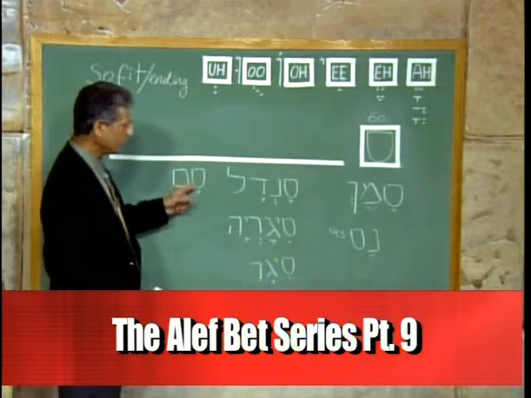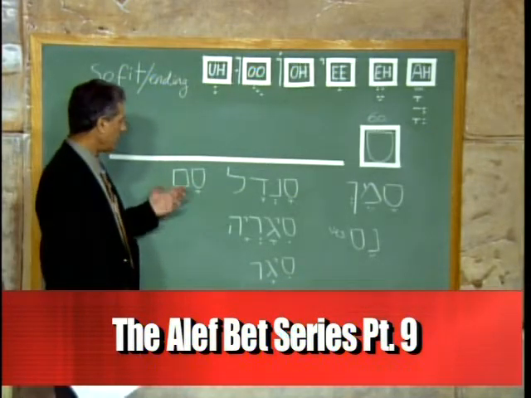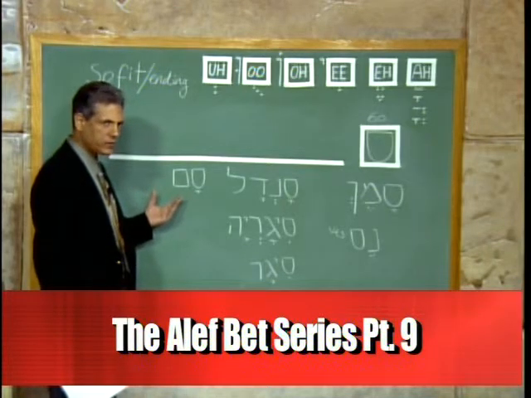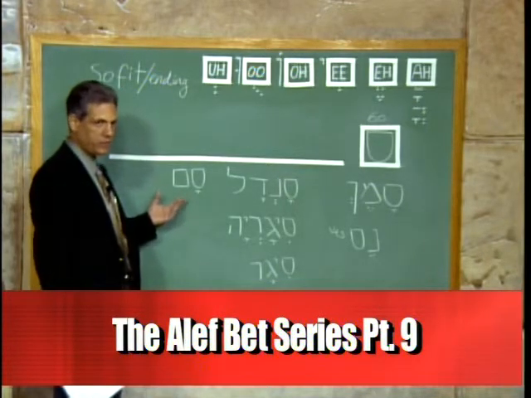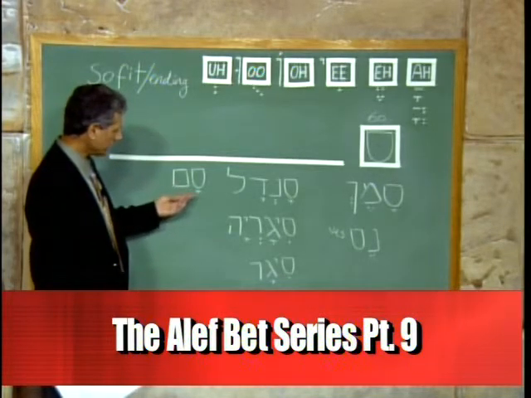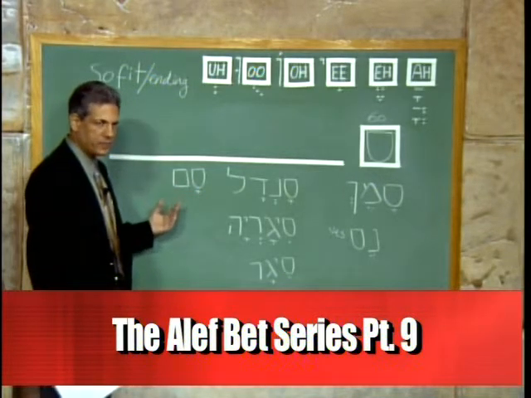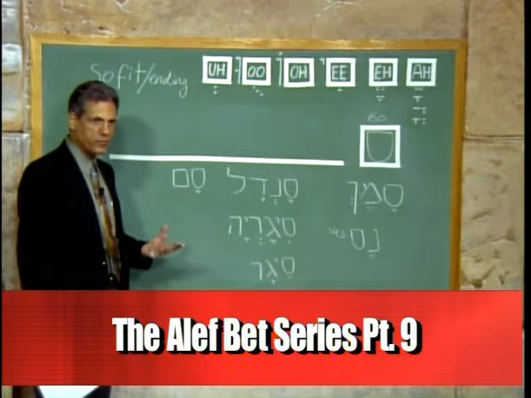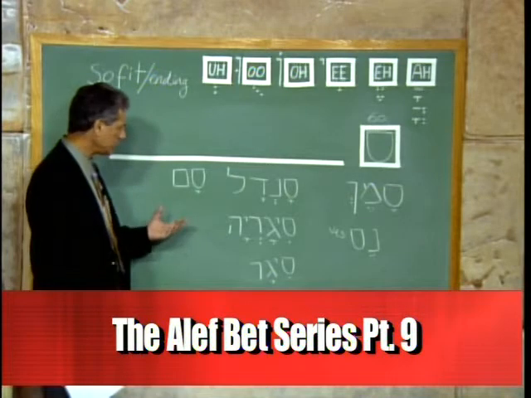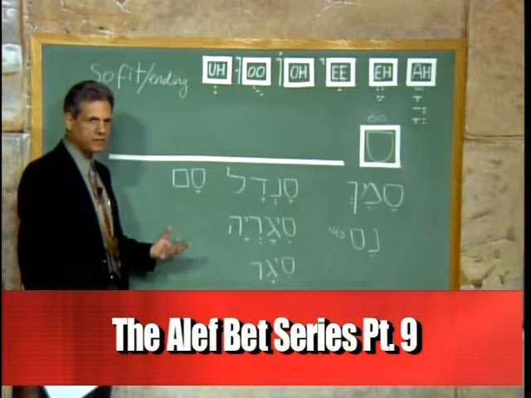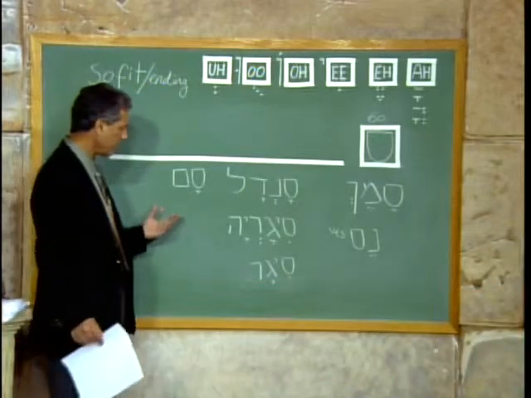We have a samech with an A sound and a mem. That mem, because it's at the end of the word, is an ending mem, that graphical form. And the word is read sam. Sam in Hebrew is either a poison or a medicine, some kind of a concoction that has medicinal effects, either good or bad. Sam.